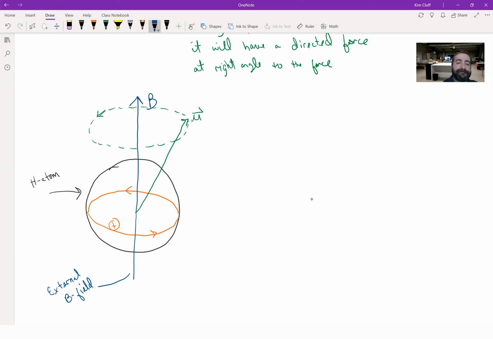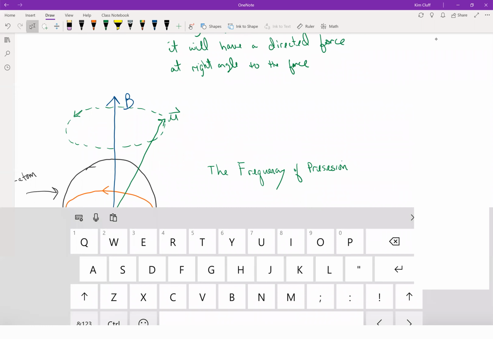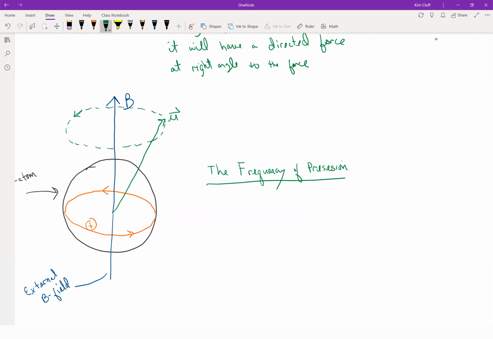And as it turns out, the frequency of precession is calculated by multiplying the gyromagnetic ratio times the external B field.